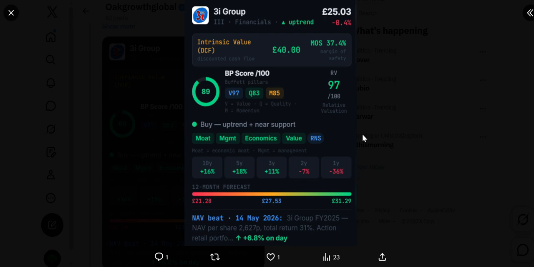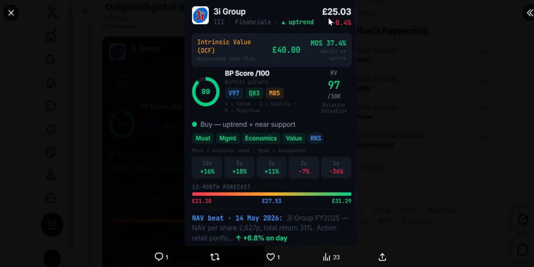The intrinsic value is what the business is generally worth per share if you calculate the discounted cash flow. Here you can see the intrinsic value for this is £40, and it's currently trading at £25. This is just one of the first valuations that you would do.